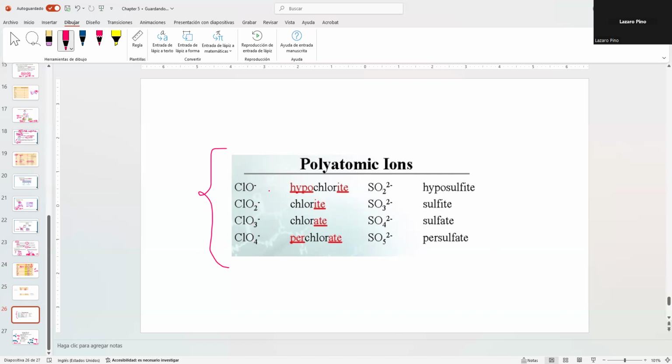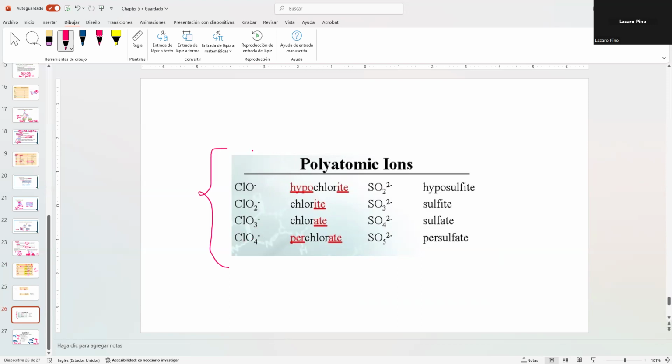Like in this case, when you have chlorine and only one atom of oxygen, it is hypochlorite. If you have chlorine with two oxygens in the anion, then it is chlorite. If it is ClO3 negative, chlorate, and if it is ClO4 negative 1, it is perchlorate.